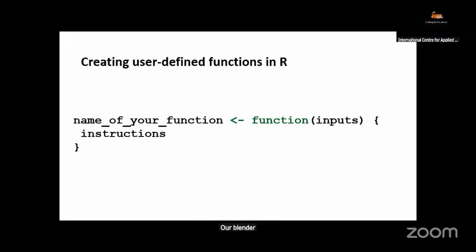Our blender needs pepper, tomato, onions. Those are the inputs. So our function needs the input, and then you open a curly bracket, which is also closed here, and put the instructions that you want the function to run with. Is that clear, please? And then everything here, you assign it to this object's name, the name of your function. You name it.